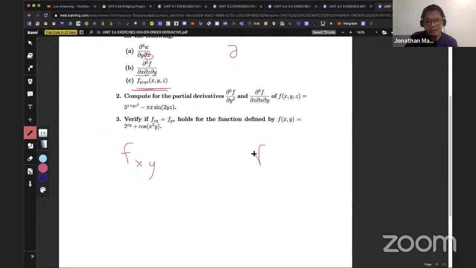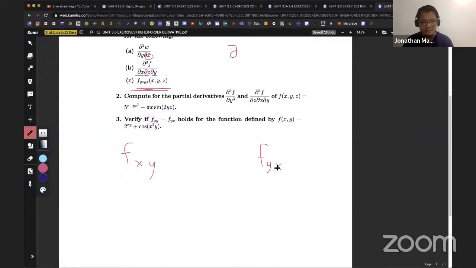Also, if you have this notation, f sub y x, okay? If you have this notation, f sub y x, from the function f, kuhanin mo muna yung partial niya with respect to y, then after that, get the partial with respect to x.